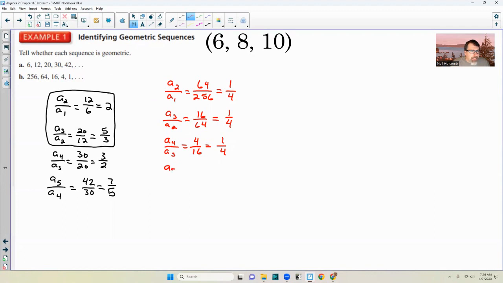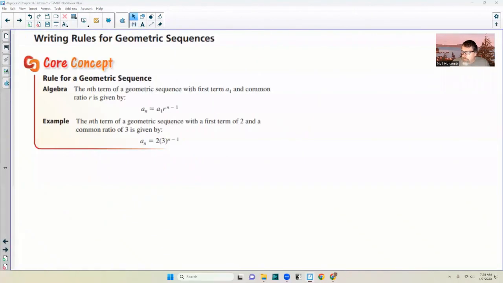And then finally, a sub 5 divided by a sub 4 equals the fifth term 1 over the fourth term 4. 1/4, 1/4, common ratio of a quarter. This is a geometric sequence. Okay, so that's how you determine if they are or are not. So now you should be able to do problem numbers 6, 8, and 10 in your exercises.